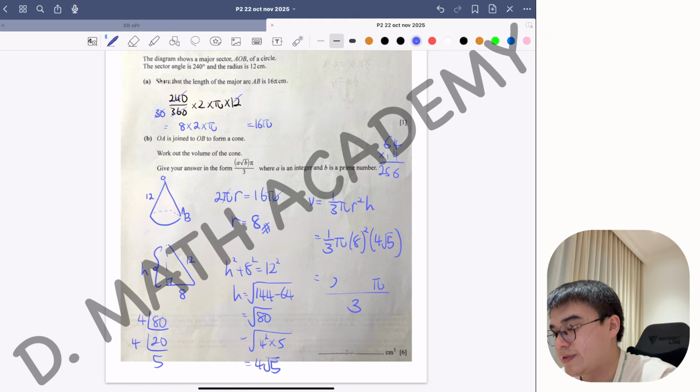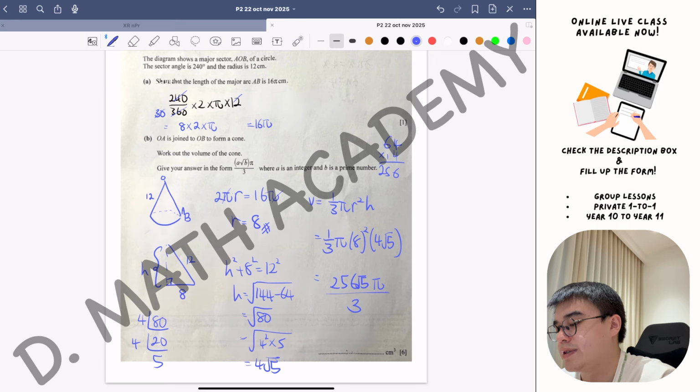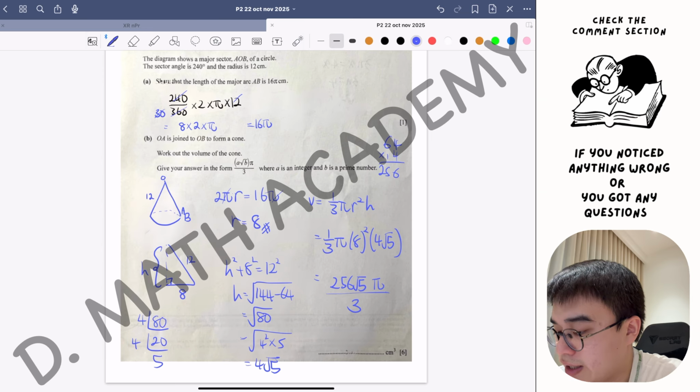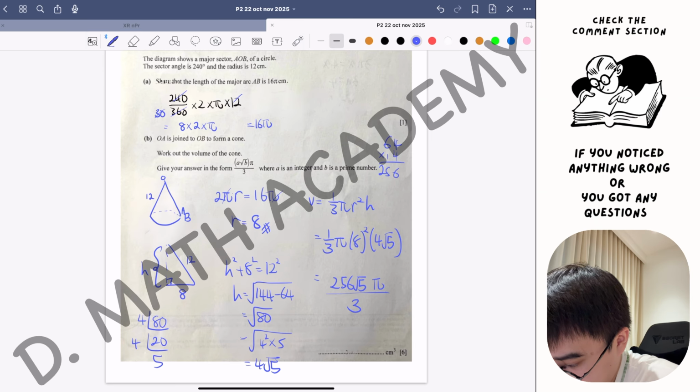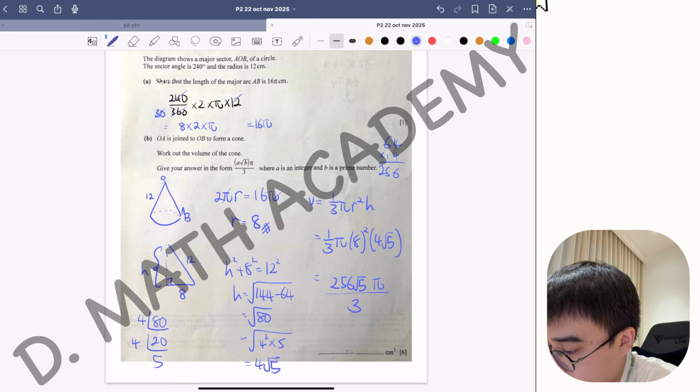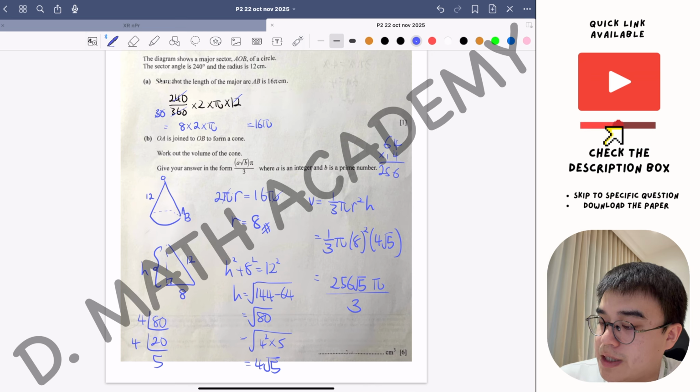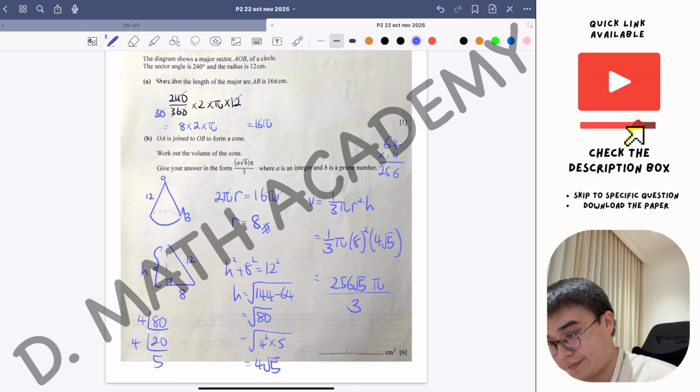So it's 256 square root 5 pi. So A is an integer, which is 256, and B is the square root 5.